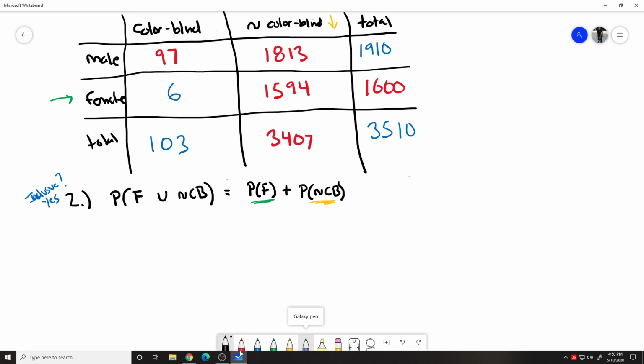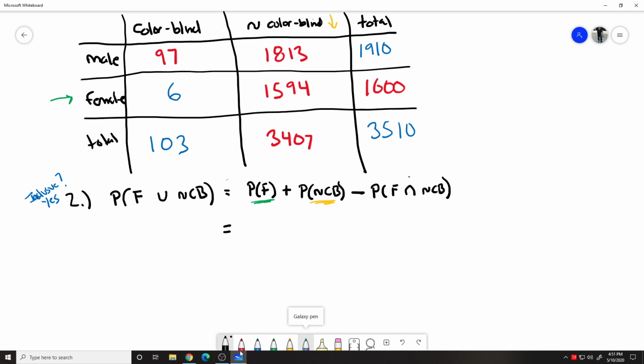That means in my formula I need to take away the probability of female and not colorblind. I need to take away the cell in the data where these two intersect each other, or I won't get the right answer.